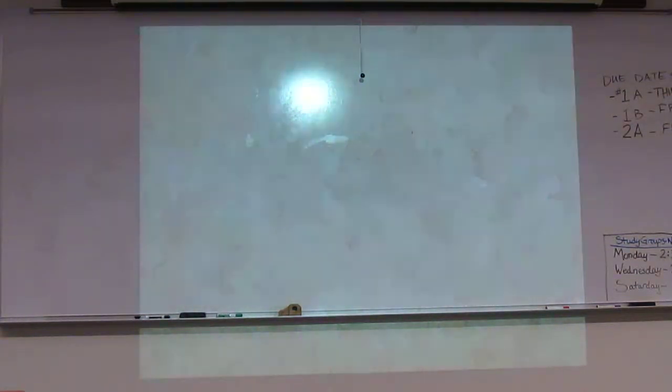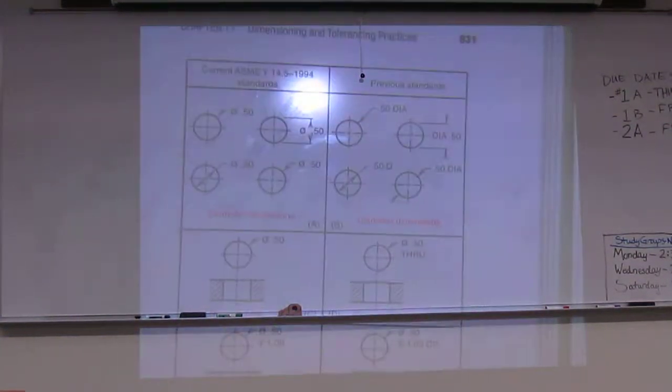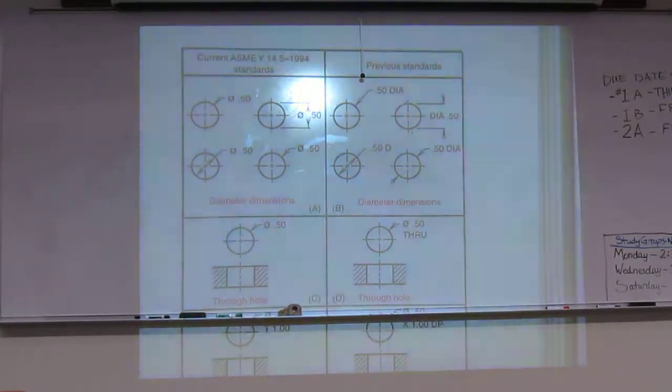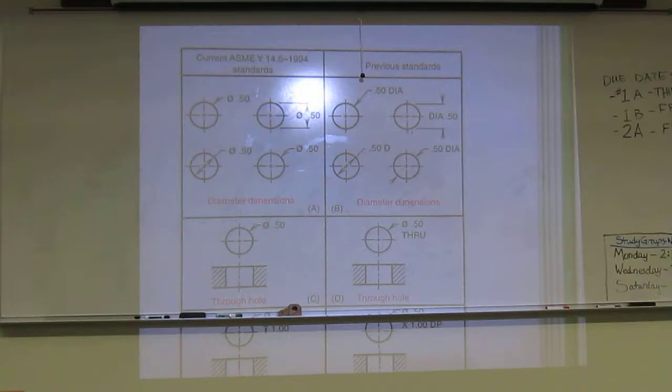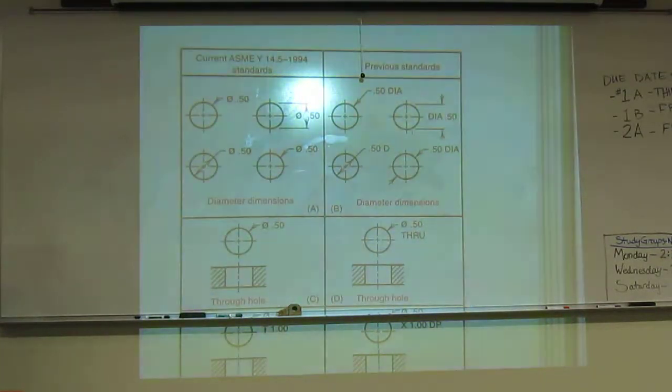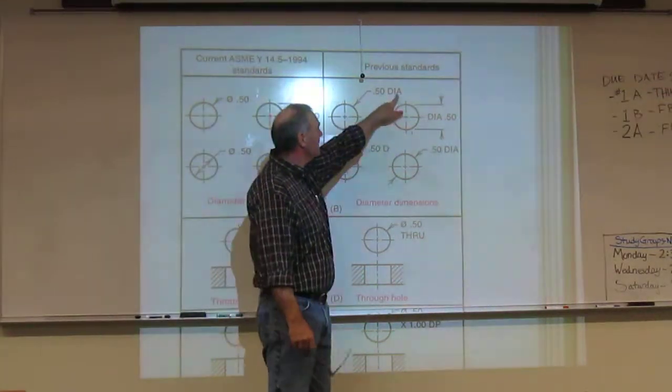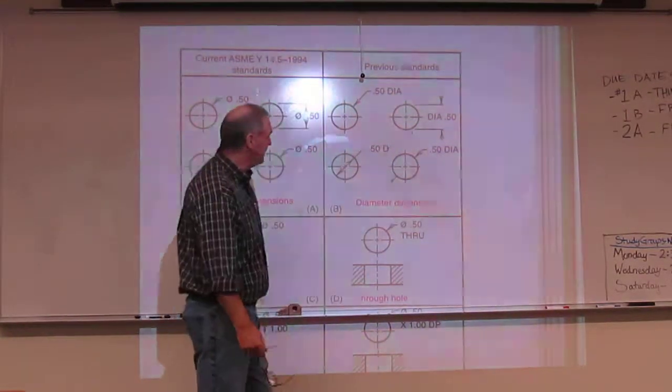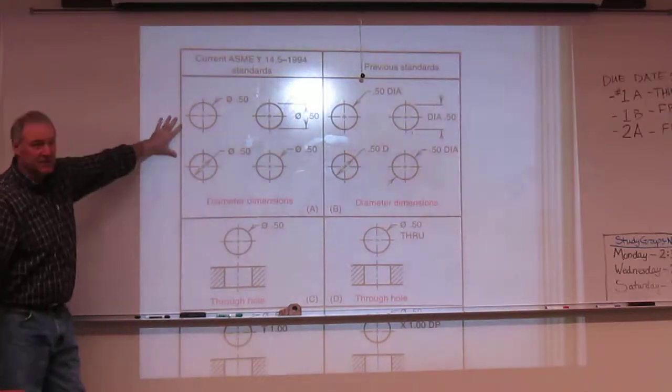Why reinvent it? While we're on this page, I don't really like this diagram. I think it's a little crowded. I don't know why they've done that. But here's your ANSI standards. So if you're dealing with an old drawing, notice you see, instead of symbols, you see abbreviations. This is saying the new standards.